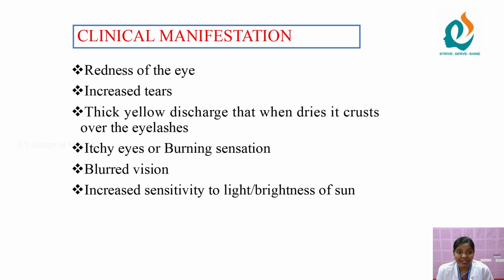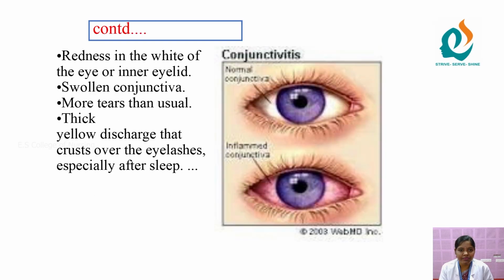Redness of the eye is present. Increased tears. Thick yellow discharge that, when it dries, crusts over the eyelashes. Itchy eyes or burning sensation. Blurred vision is present, with increased sensitivity to light and the brightness of the sun. Redness in the white of the eye and inner eyelid.